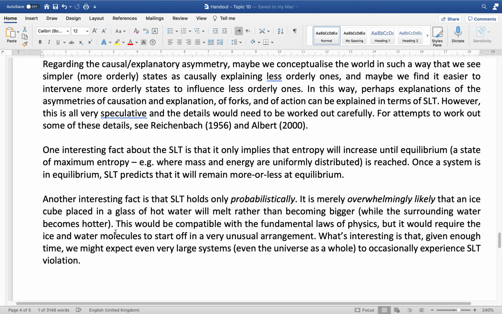The chance is so astronomically small that it's astronomically unlikely that anyone would ever observe this happening within human experience. But nevertheless, statistical mechanics implies that there's a probability of it happening, just an exceedingly small one.